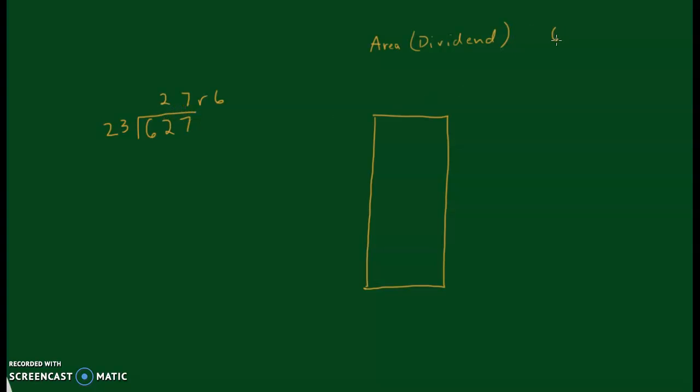So the area is going to be 627. And then the length, and they say the length is the divisor. So the length in this case is 23.